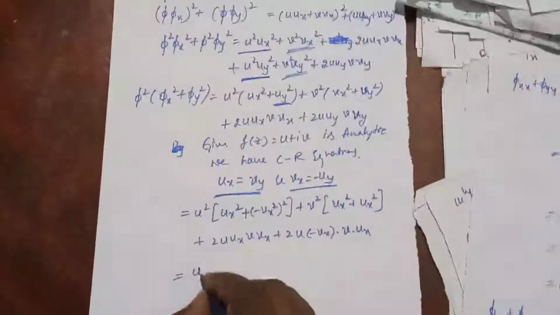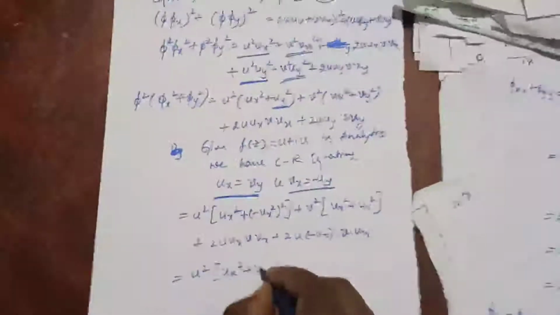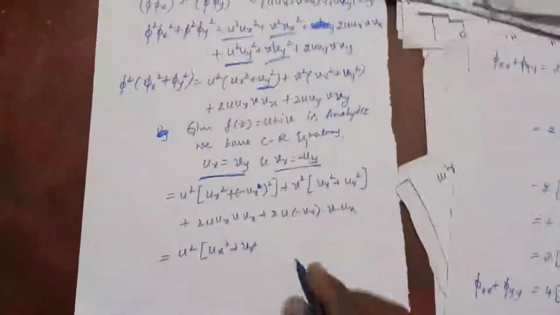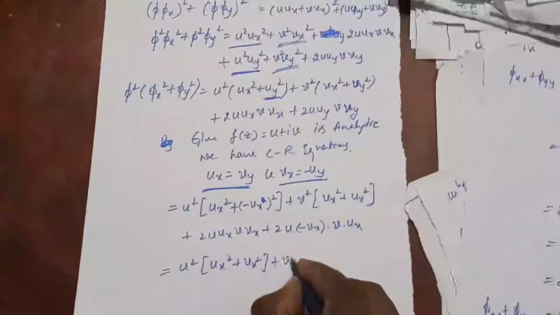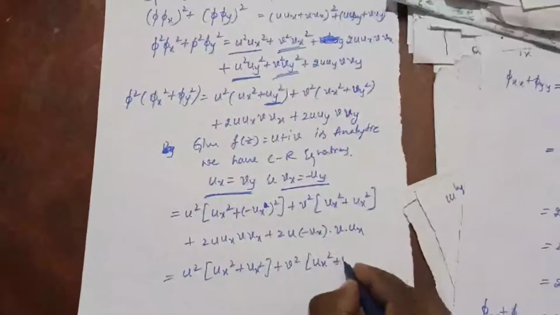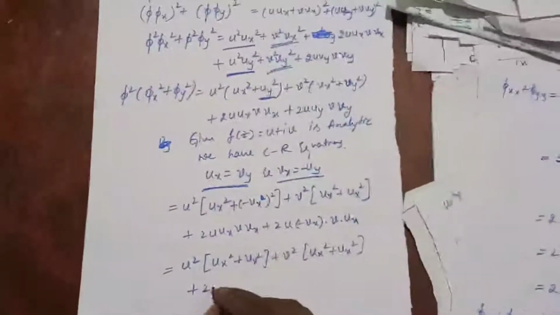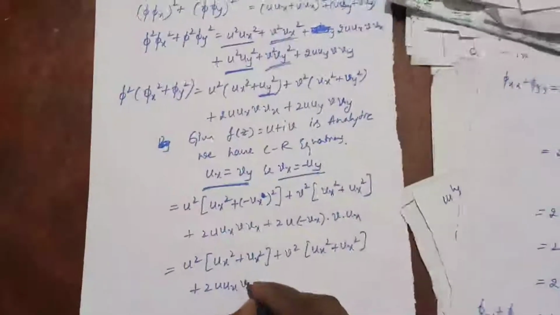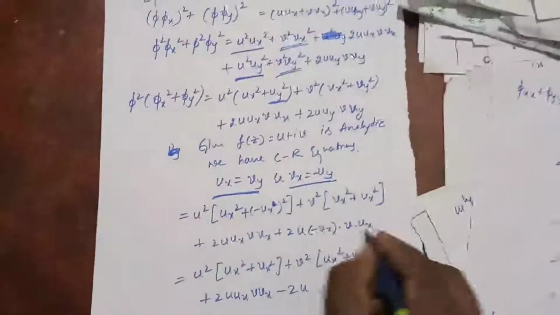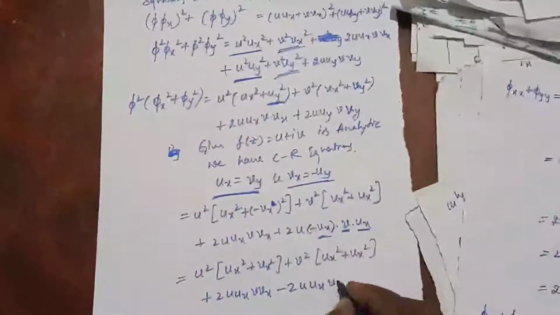So u square times u x square plus v x square, plus v square into u x square plus v x square. Next, here plus 2 u u x v v x and minus 2 u u x v v x.